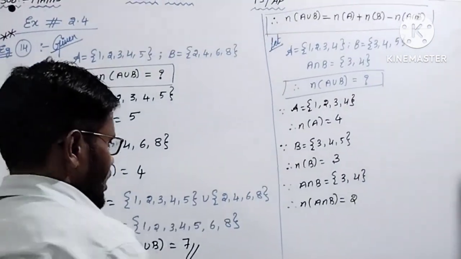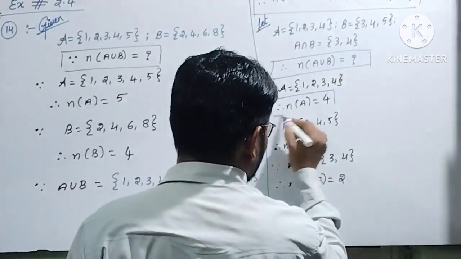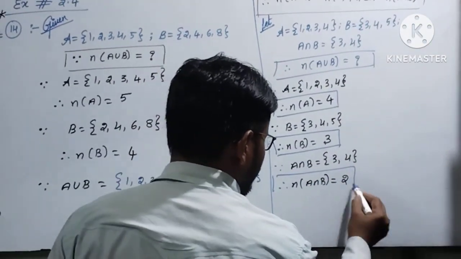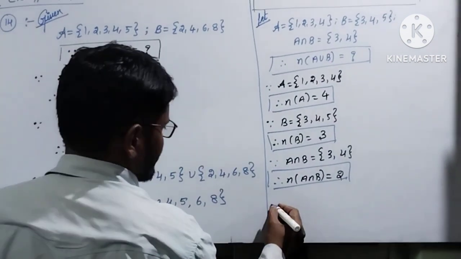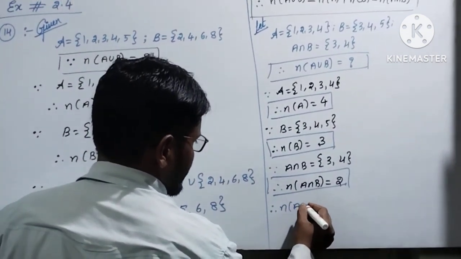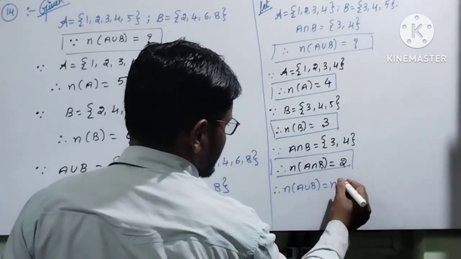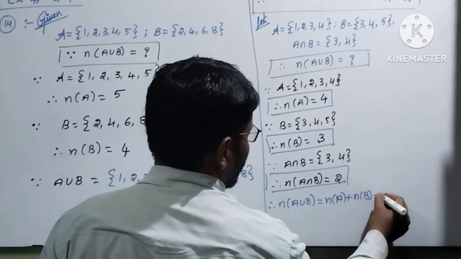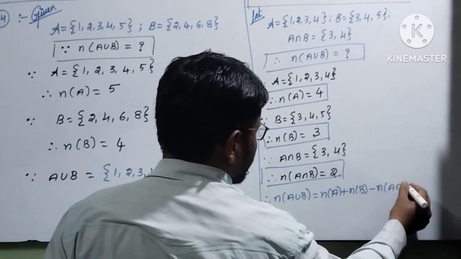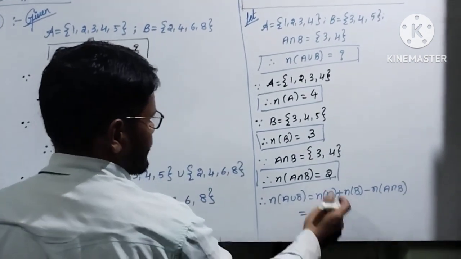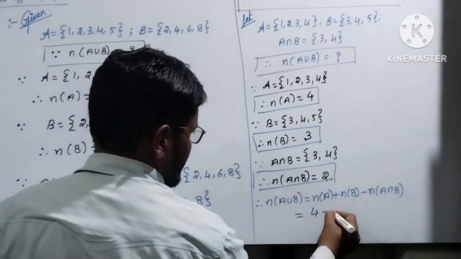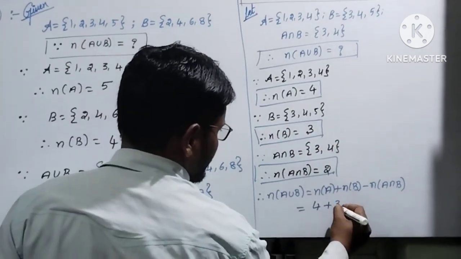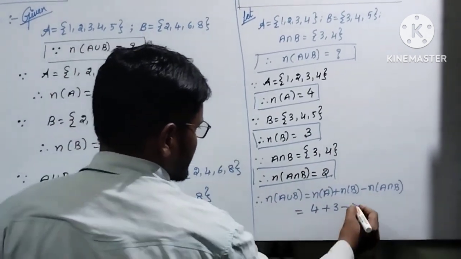n of A is 4, n of B is 3, n of A intersection B is 2. Then n of A union B is equal to n of A plus n of B minus n of A intersection B. Substitute the values: 4 plus 3 minus 2.